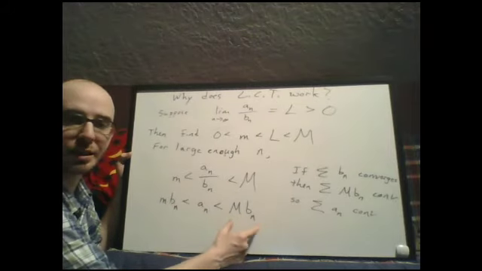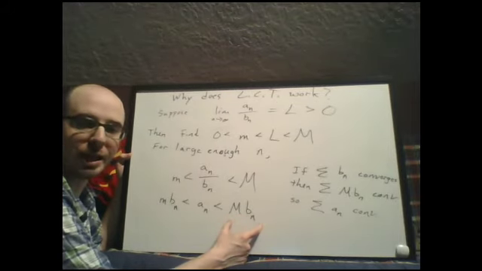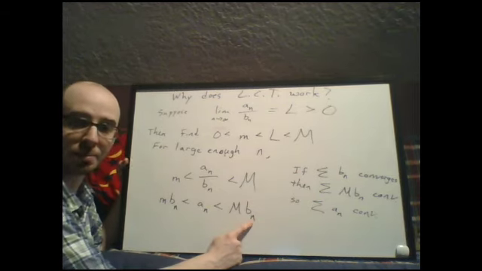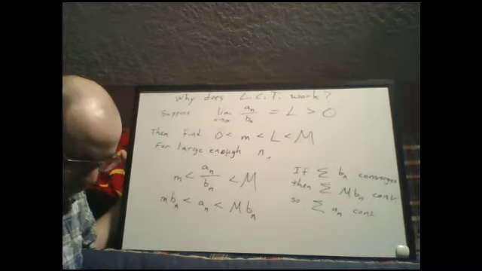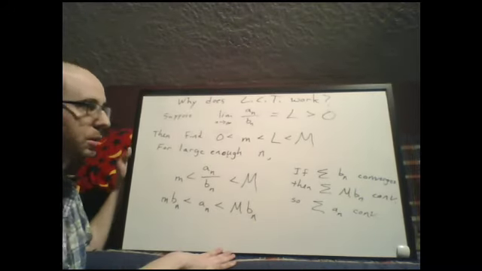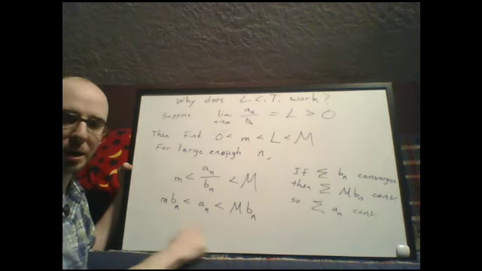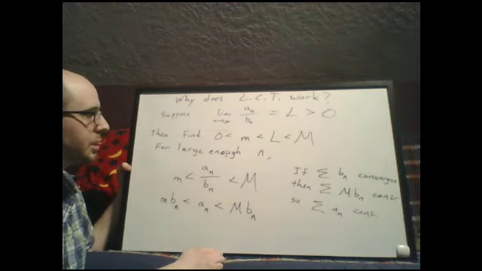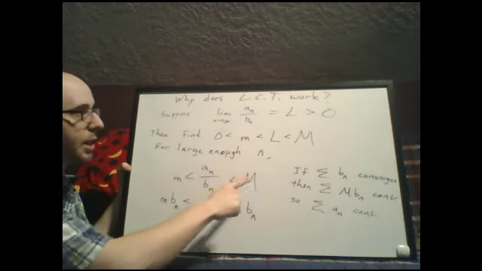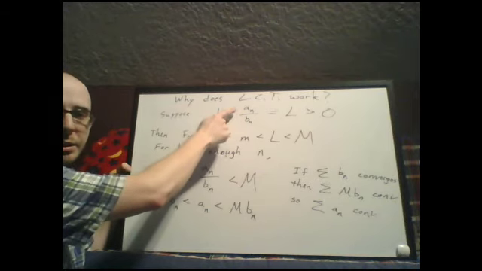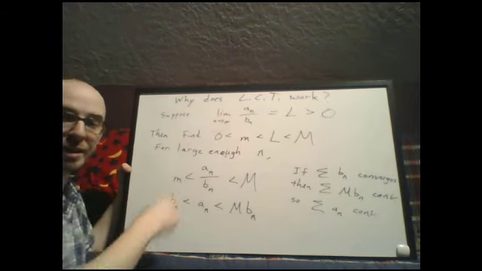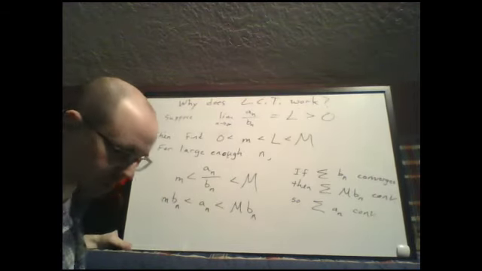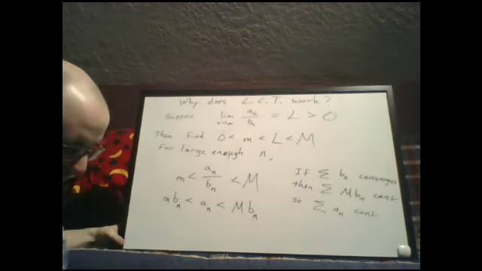But we could conclude that if capital M bn is a divergent series, the summation of just the b's has to be divergent. I won't go through it, but we can get all possible combinations out of this pair of inequalities. So the conclusion then is, if we're able to do this, the two series, the summation of an and the summation of bn, have to have the same behavior as far as convergence or divergence goes. If one converges, the other one has to converge, and same for diverge.